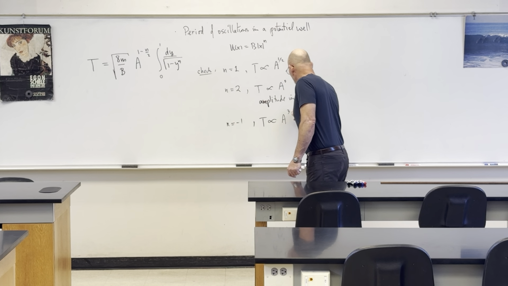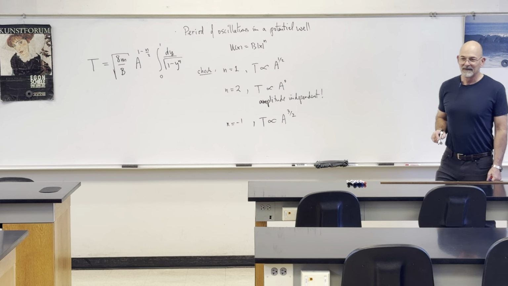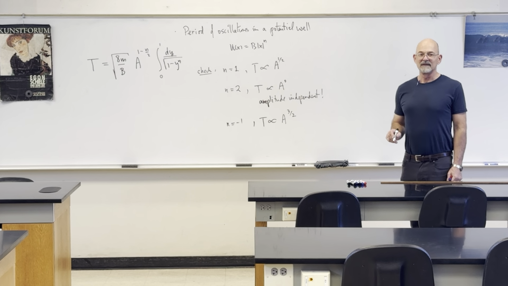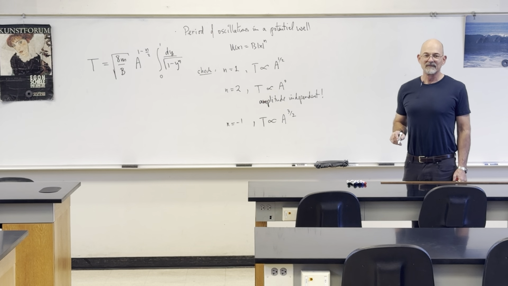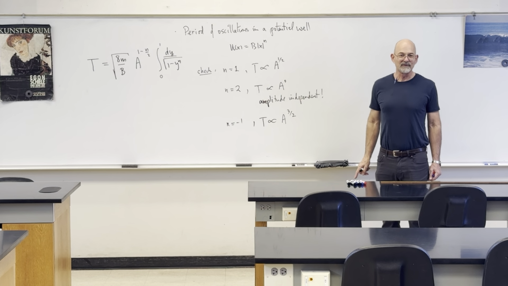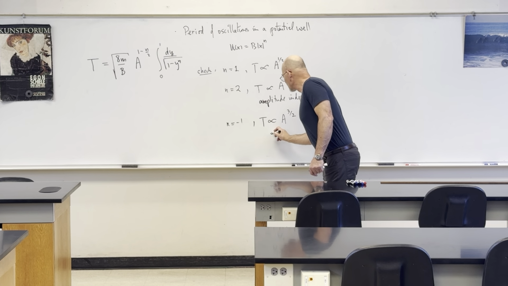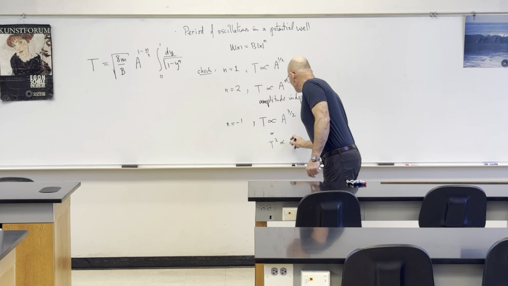Where have you ever heard of such a thing? You have, you just forgot. Square both sides. What do you get if you square both sides? T squared proportional to a cubed.